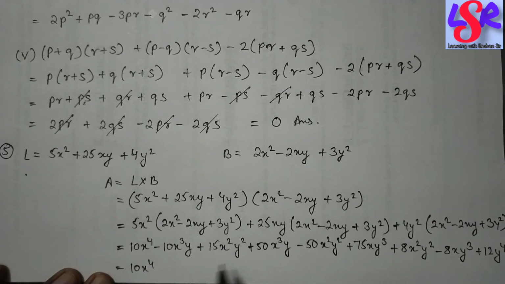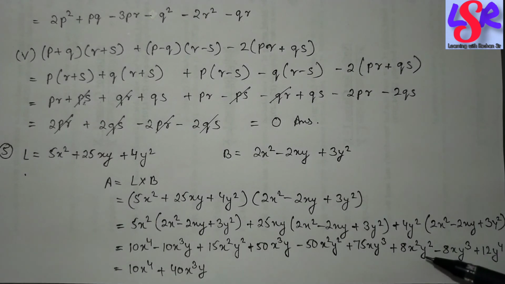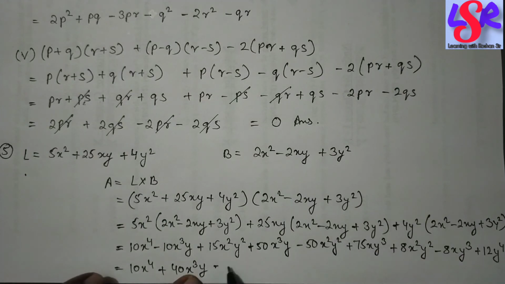Then on solving these two, we get plus 40x³y. Then for x square y square, we are having this and this one and this one. So on solving all of it, we get minus 27x square y square.